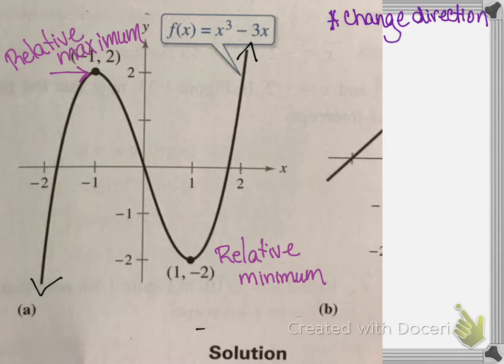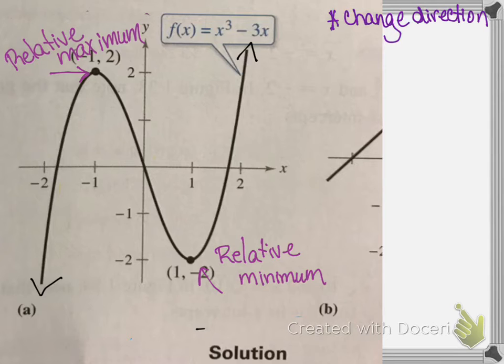Touch that part. And it will give you the relative maximum and the minimum. You just have to touch the point. The important thing about the relative maximum and the relative minimum is you are changing direction. Okay? You are changing direction.